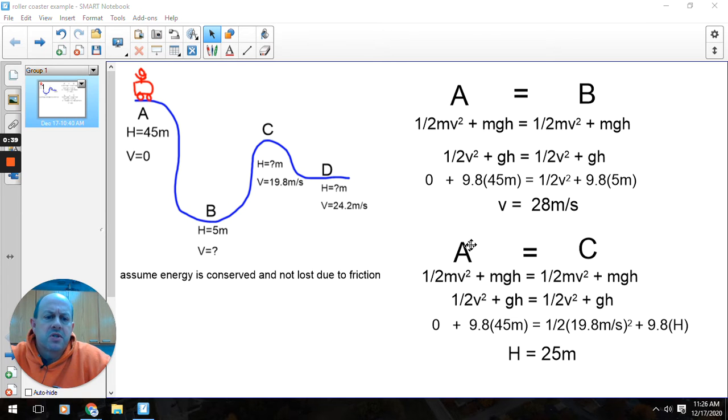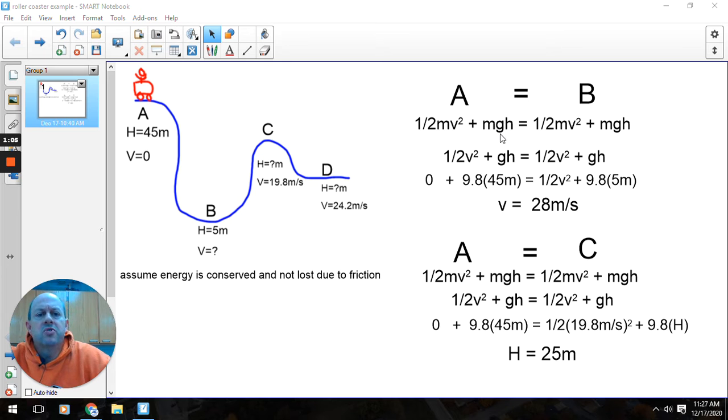So the way this would set up is we've got a law of conservation of energy. We're going to assume all energy is conserved, so no energy is lost due to friction or anything else for that matter. That means our total energy, which would be kinetic and gravitational potential at point A, would be equal to the total at point B. Our kinetic energy formula we know is 1/2 mv squared.